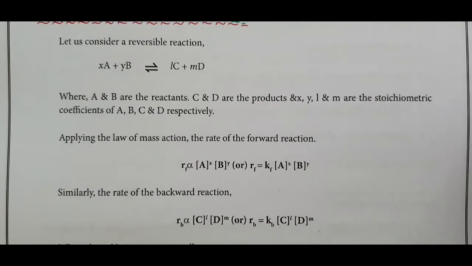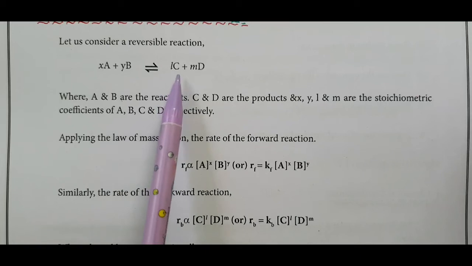Applying the law of mass action, the rate of forward reaction is directly proportional to the product of active masses of the reactants. To convert the directly proportional sign into an equal sign, usually we add a constant. So Rf equal to Kf into A power x into B power y. Similarly, the rate of the backward reaction, Rb.